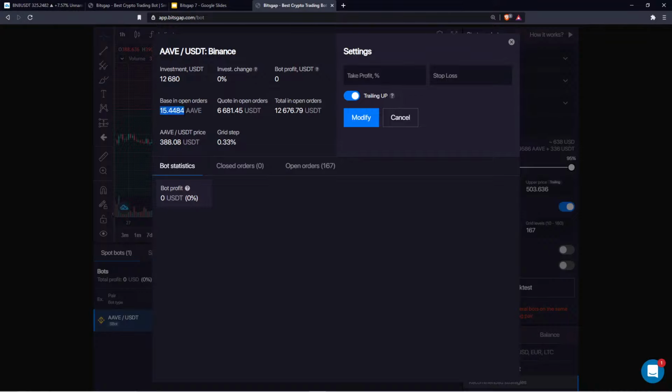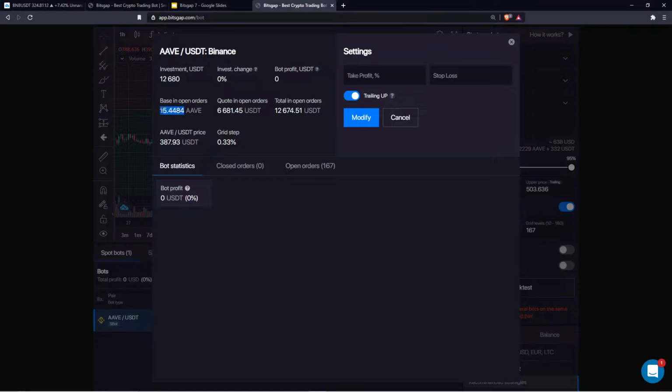Okay, so that's our risk exposure right now. If the value of our 15.4 AVA drops, then the value of our investment will be affected. And we see the amount of quote currency in open orders also, and the total position. So you can see that it's now about 50%.